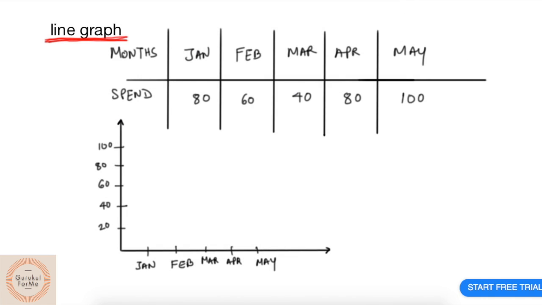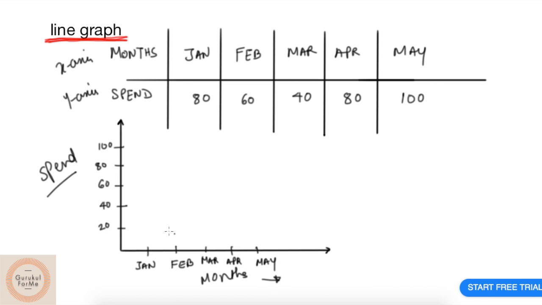Let us try to understand what is a line graph. Let's go through this example that should help us to understand what a line graph looks like and why do we need it. Now in this example, the x-axis is months and the y-axis is some spend, and these are months. Now what is this?